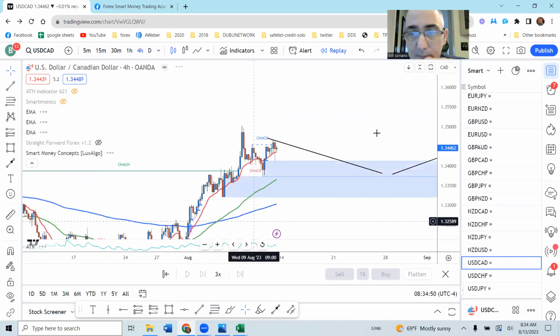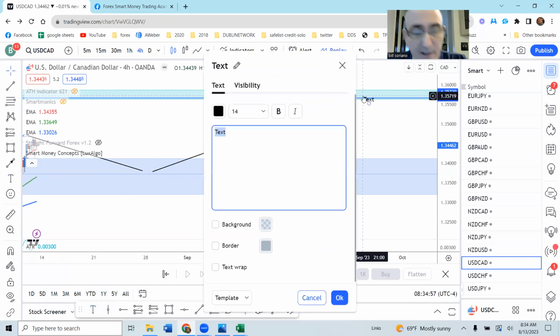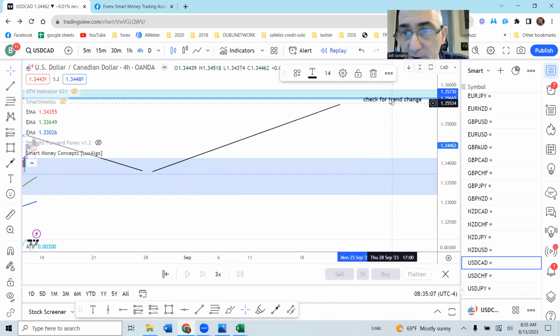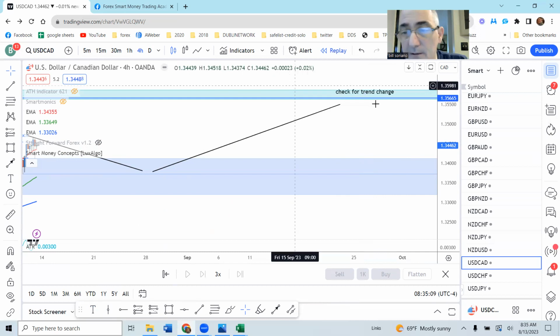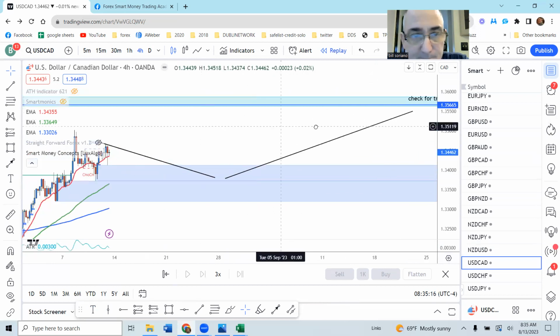So I'm going to mark inside this order block here. I'm just going to say check trend. I'm just going to tell myself to check for a trend change, because that may be changing if it does move up to there.